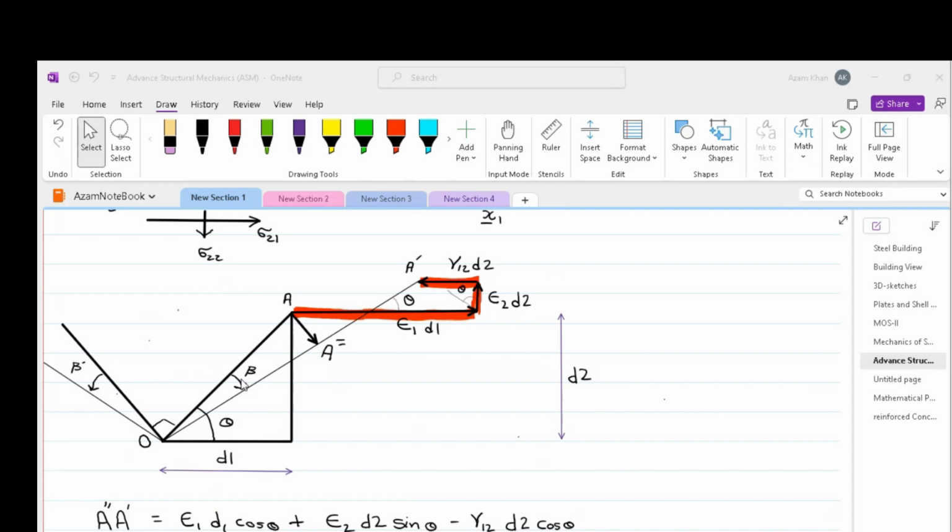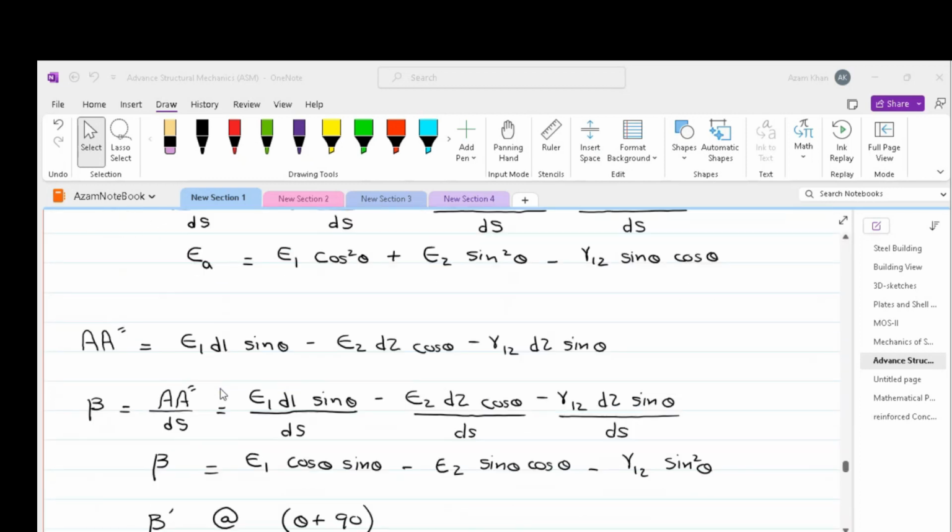Projecting the movement of point A on the direction perpendicular to OA, we obtain AA double dash as strain 1 d1 sine theta minus strain 2 d2 cos theta minus gamma 1 2 d2 sine theta.